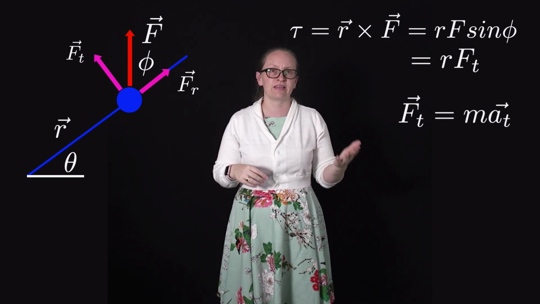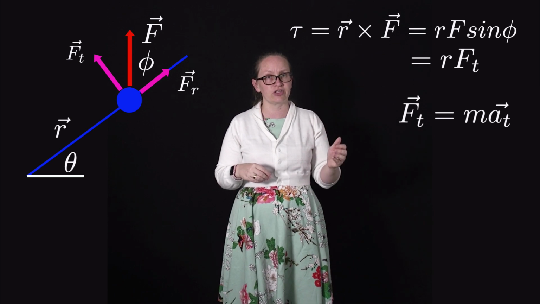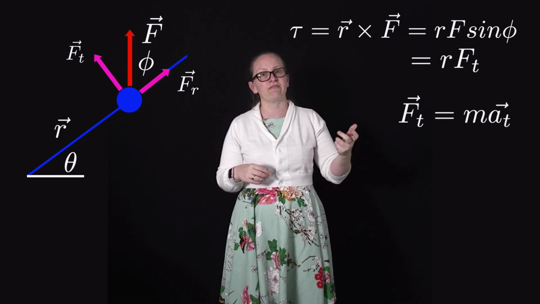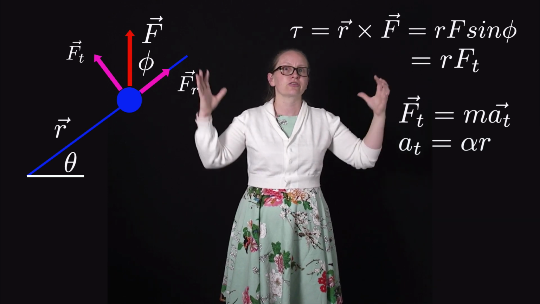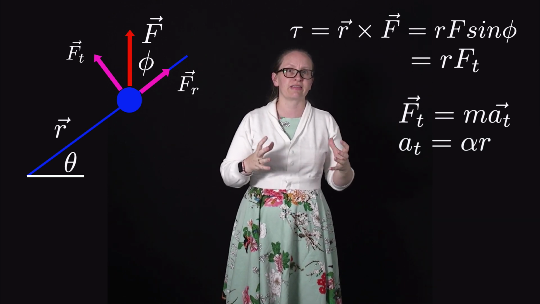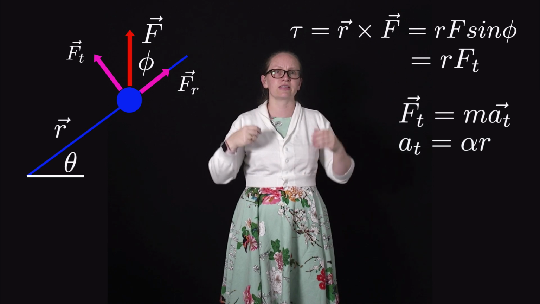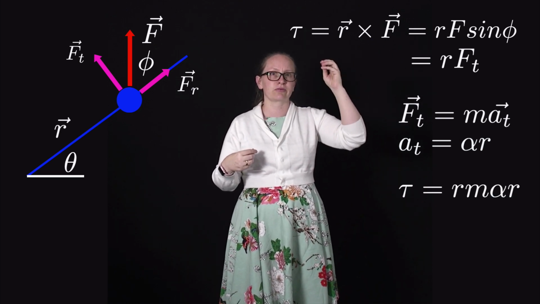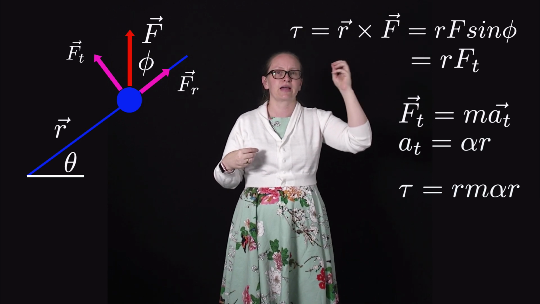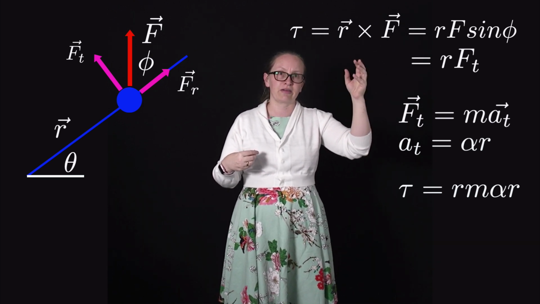And we have seen that the tangential acceleration is given by alpha times r, where alpha is the angular acceleration. So let's put all of these together now. We've got that our torque is equal to the radius times the tangential force. So the torque is equal to the radius times m times the tangential acceleration.